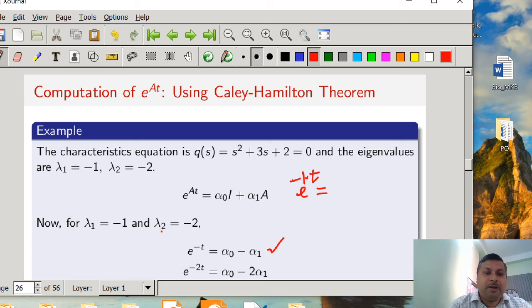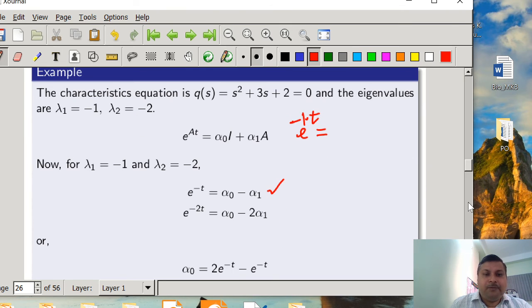And for lambda 2 equal to minus 2, you can write equation 8: e to the power minus 2t is equal to alpha 0 minus 2 into alpha 1.